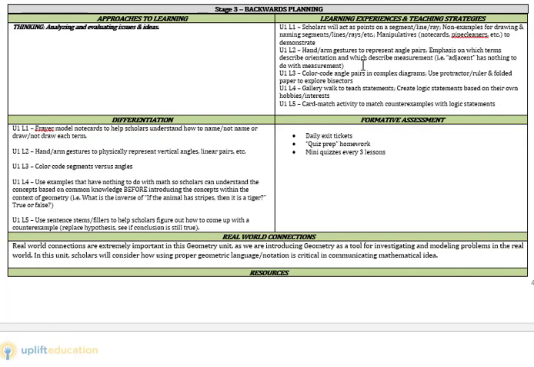Learning experiences and teaching strategies. I go through each of these learning experiences and teaching strategies. You guys can check these out. This is differentiation. If you don't understand what I'm talking about, like here it says hand-arm gestures to represent angle pairs. I'm saying, like, for vertical angles, put your arms into an X. Make your arms an X, and there's vertical angles.